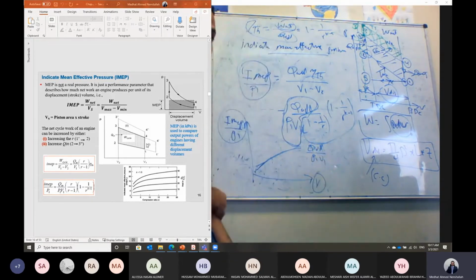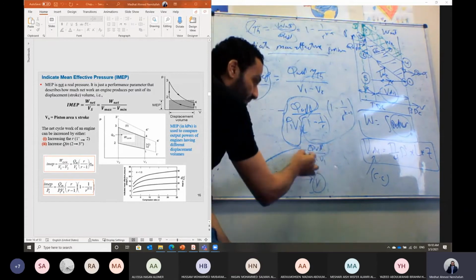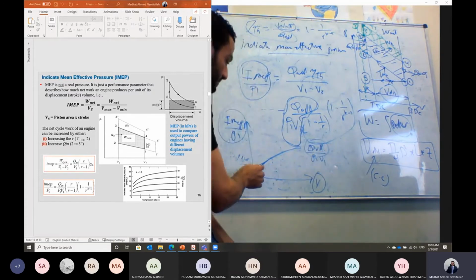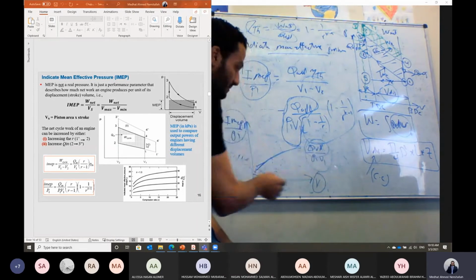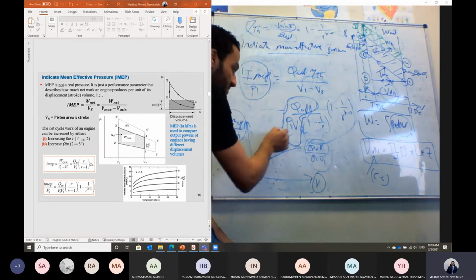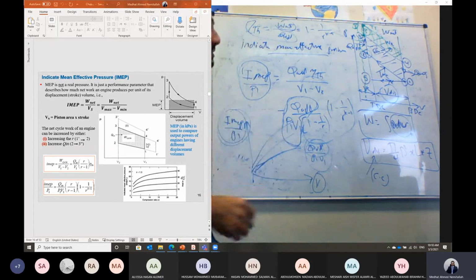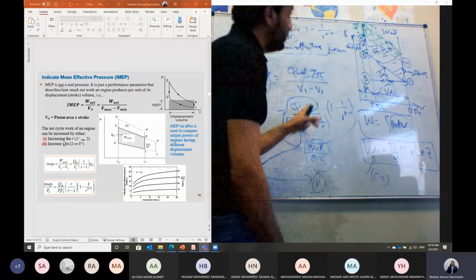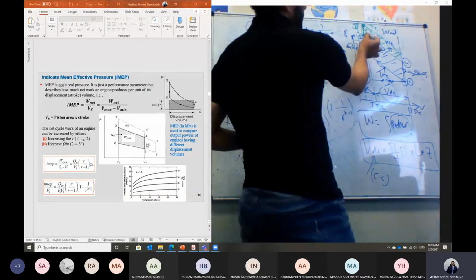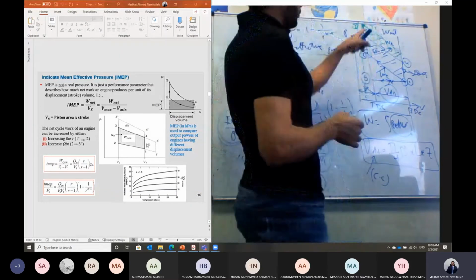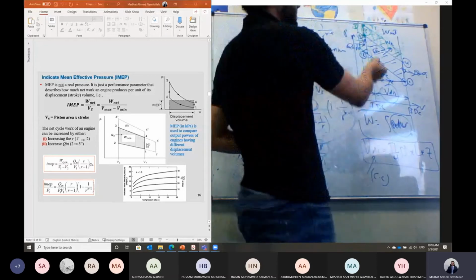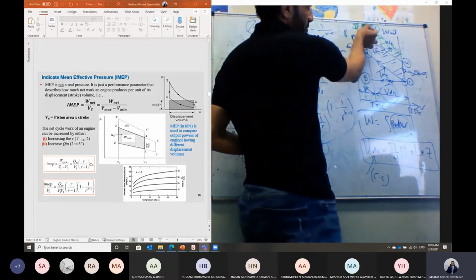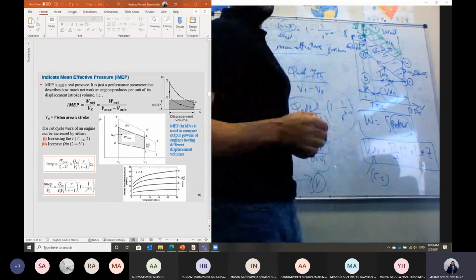But if I increase the value of Q added, if I increase this term, that means in this case also the indicated mean effective pressure will be improved. And this is the case, as I told you, of the turbocharged engine. When I increase the value of heat added, I will extend this process from 2 to 3 to 3 prime, and then I will increase the maximum temperature of the cycle, followed by the expansion process.